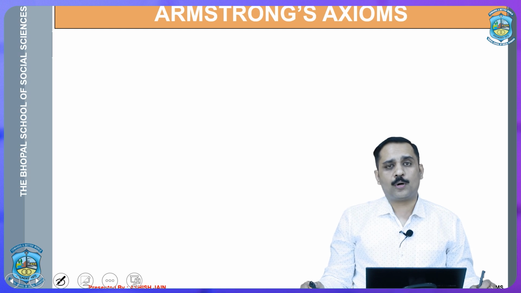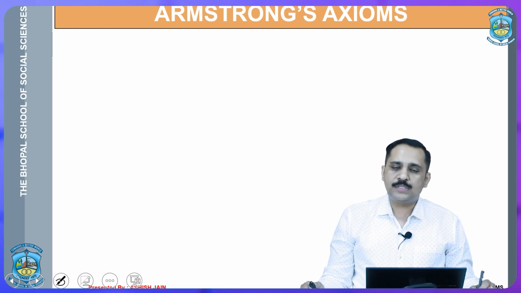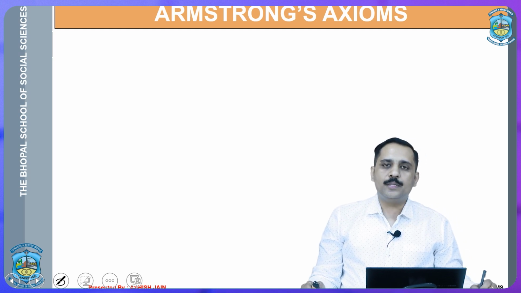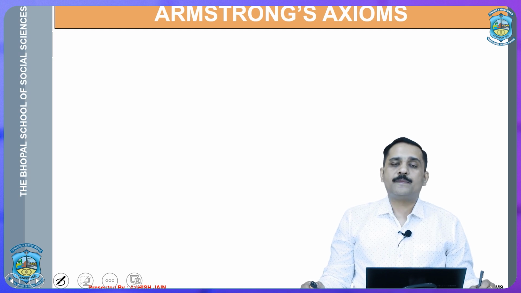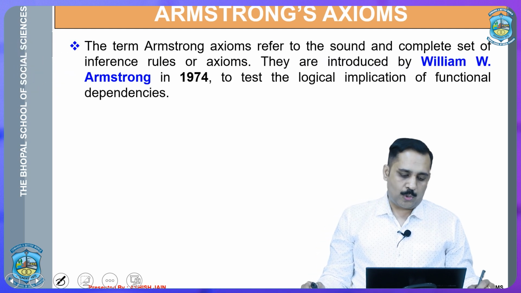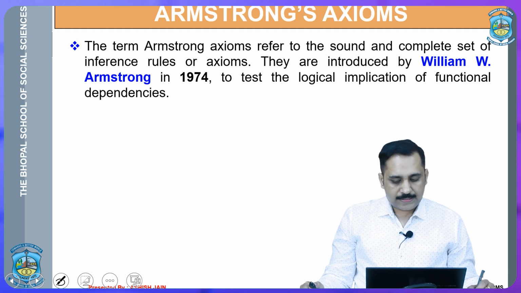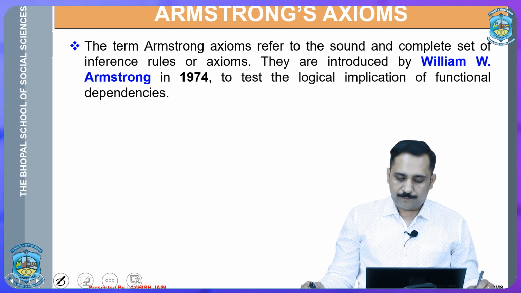Now we come to a very important point, which is Armstrong axioms. These are basically a set of rules that help to solve the problems of functional dependencies and reduce the complex dependencies using these rules. This is a fundamental concept which is useful in doing the normalization of databases, which we will be covering in the subsequent modules. These Armstrong axioms are a sound and complete set of inference rules that were given by William W. Armstrong in 1974.